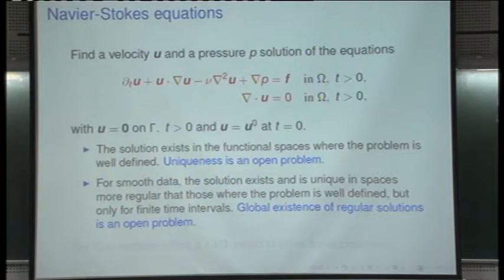So we have these two problems: either uniqueness of weak solutions or global existence of regular solutions. Regular means that instead of being in L infinity L2 intersection L2 H1, the solution has to be perhaps in L infinity L4, only a little bit more, or L2 H2 instead of H1.